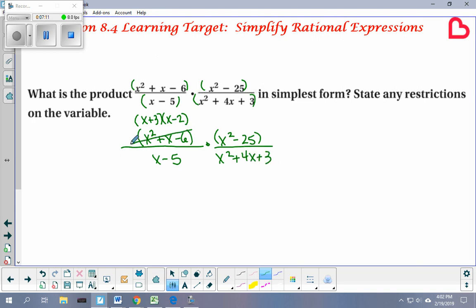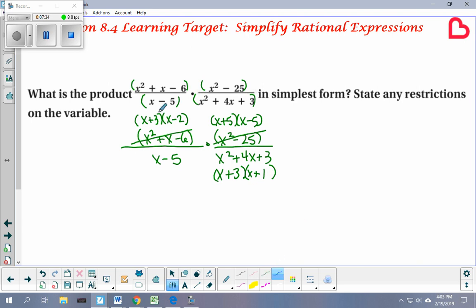And then we look at x squared minus 25. That's the difference of two squares. So that would be x plus 5, x minus 5. And then lastly, x squared plus 4x plus 3 factors into x plus 3, x plus 1. And now we'll go ahead and cancel.